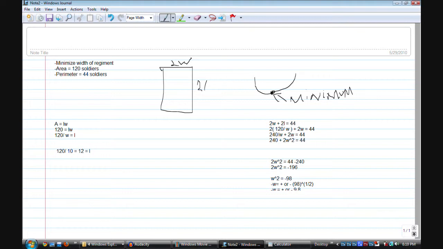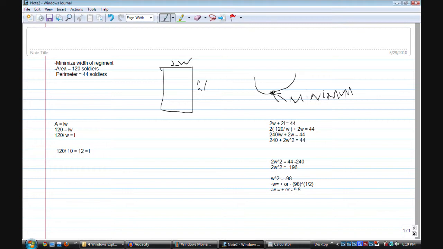And so we solve the 240 plus 2W squared equals 44. We solve for W, and we get 2W squared is equal to negative 196 when I subtracted 44 by 240, and then we get W squared is equal to negative 98.